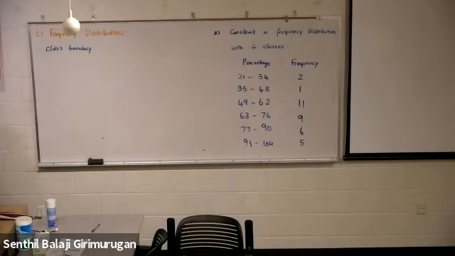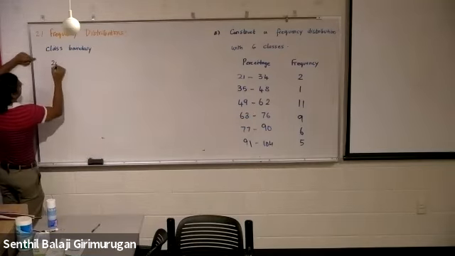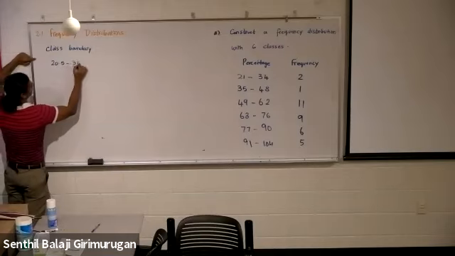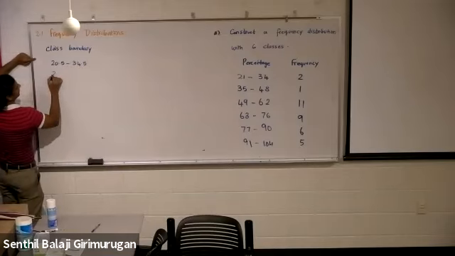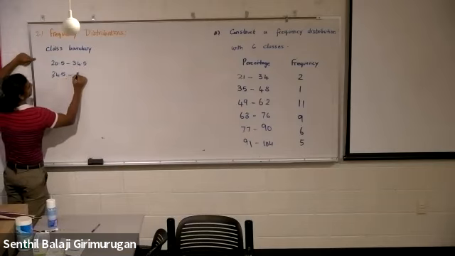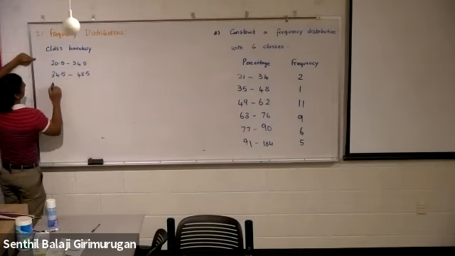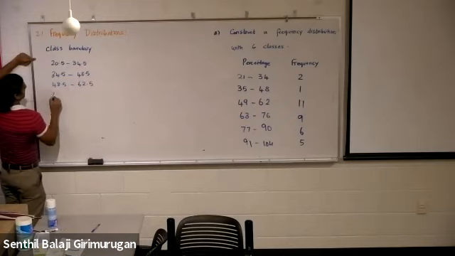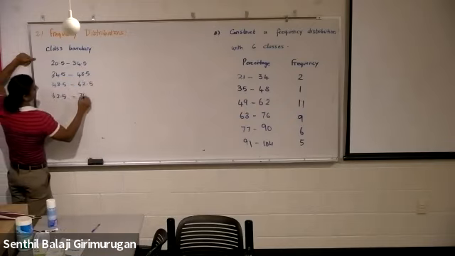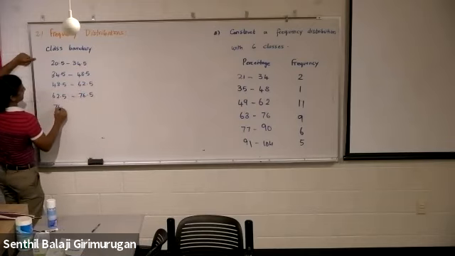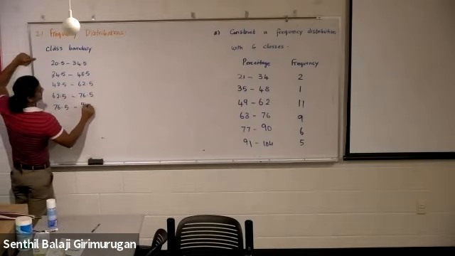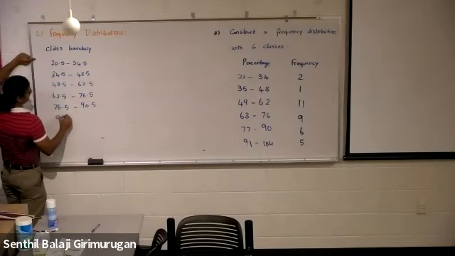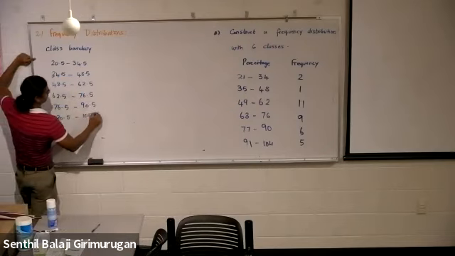And mind you, this is one of many ways to create a histogram nicely. So here, go from 20.5 to 34.5, 34.5 to 48.5, 48.5 to 62.5, 62.5 to 76.5, 76.5 to 90.5, 90.5 to 104.5.